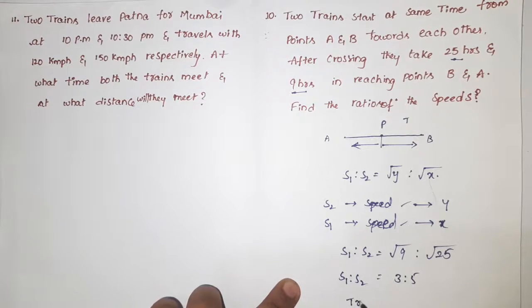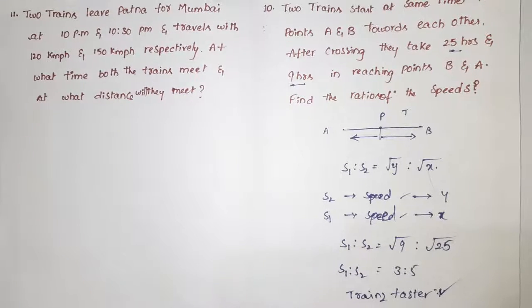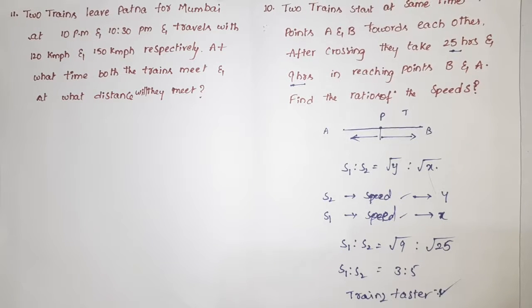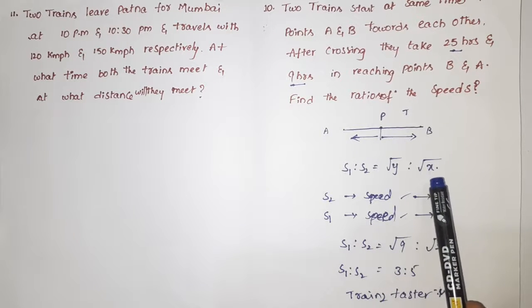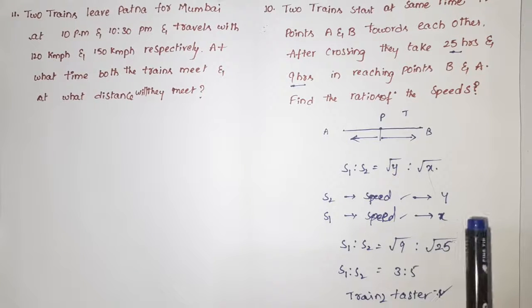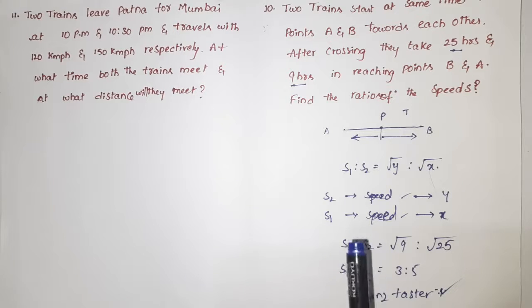So train 2 is faster than train 1. That is why it can finish the journey in 9 hours. So this is very simple. You can easily remember it. That is why I told this shortcut method. So s1 is to s2 equal to square root of y is to square root of x, where y is the time taken by train 2 and x is the time taken by train 1 to complete their remaining journey.